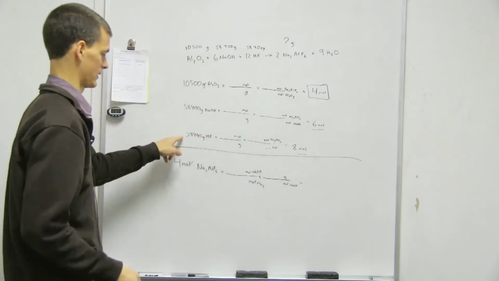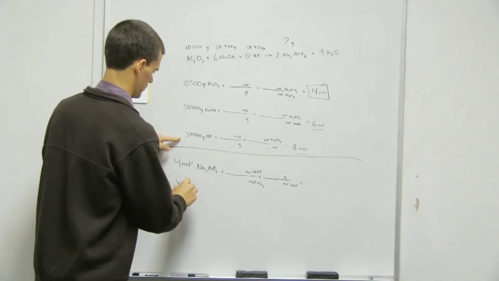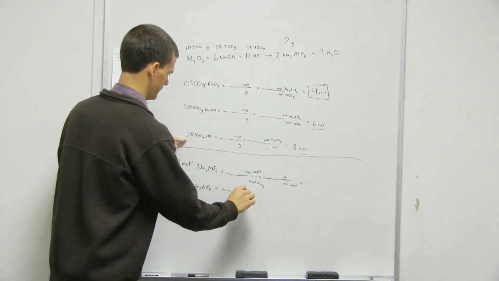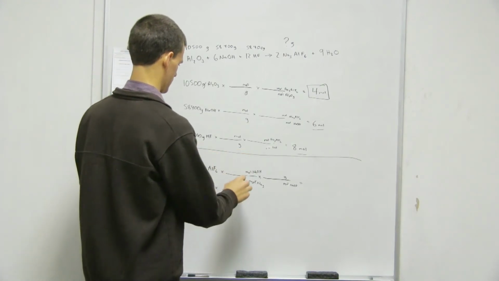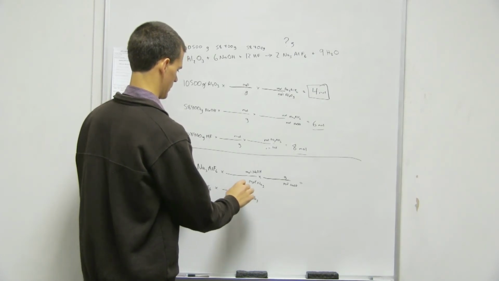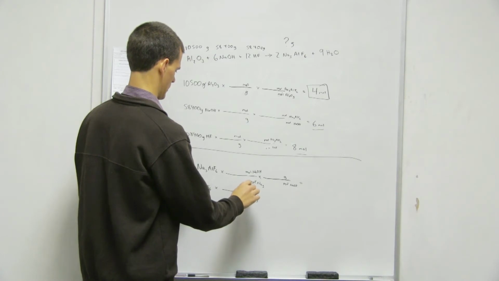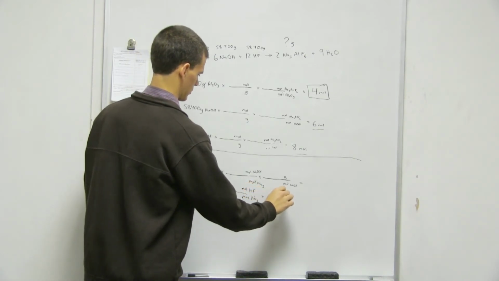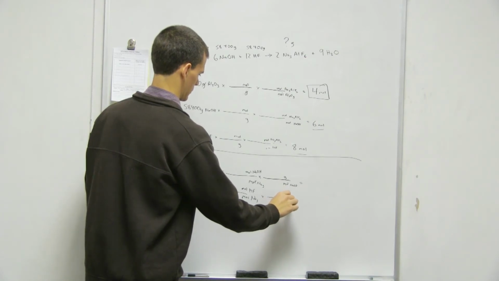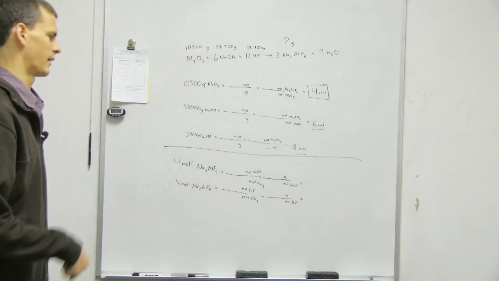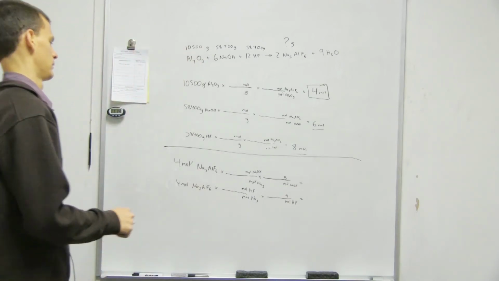And same thing with this guy. Start with 4 moles of Na3AlF6. Do its mole ratio, so mole Na3AlF6 to mole HF. Then it's grams per mole HF. And there's still another step after this.